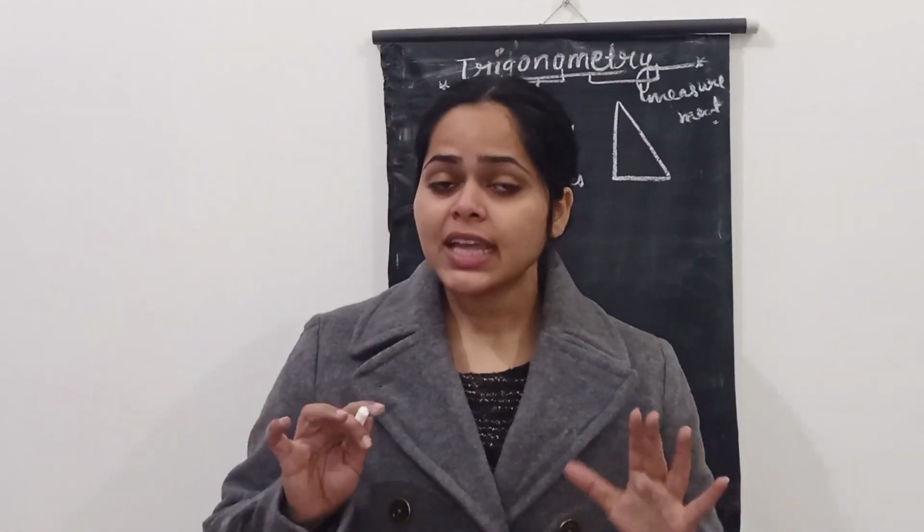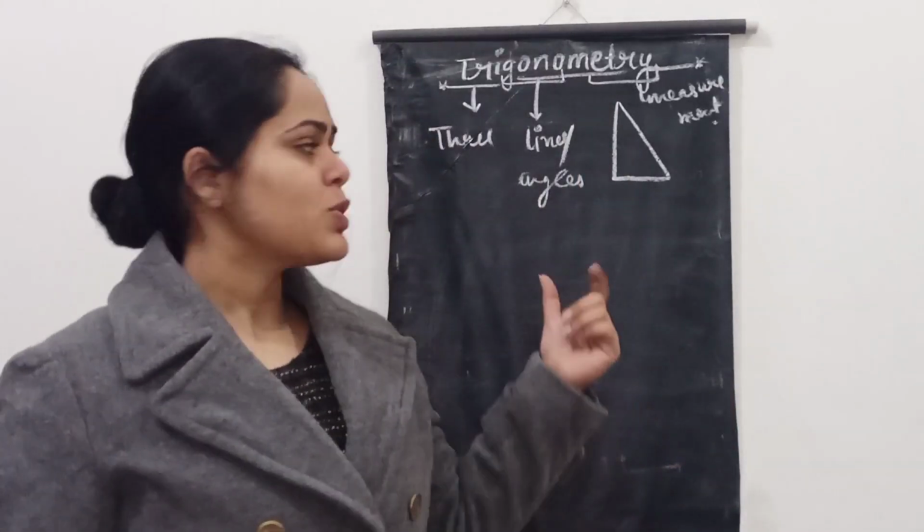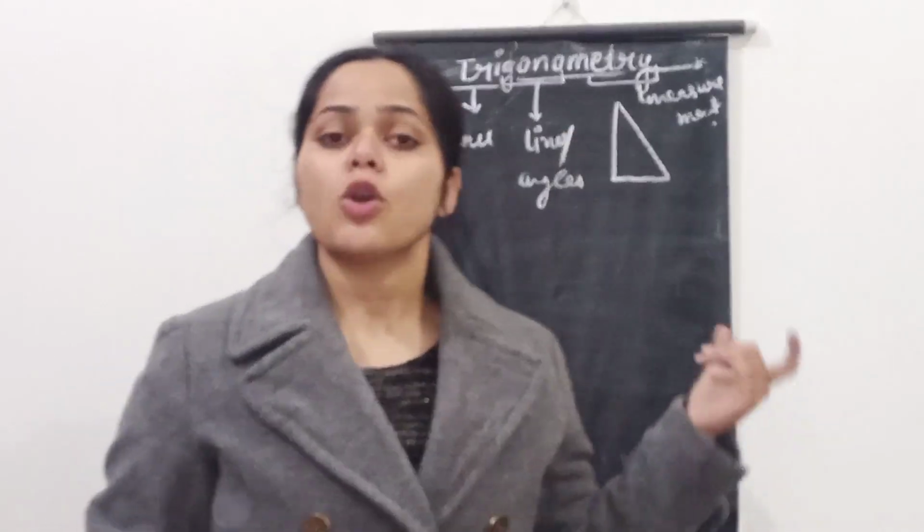The figure that has only three sides is the triangle, so we apply trigonometry only to triangles, and in particular to the right angle triangle. In a scalene triangle or an isosceles triangle, we cannot use trigonometry. We use trigonometry only and only in a right angle triangle.